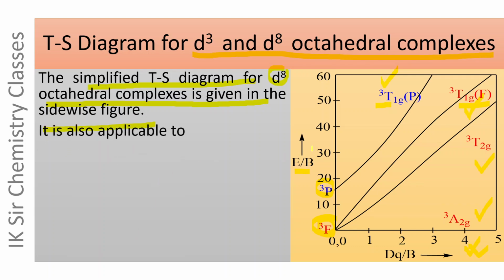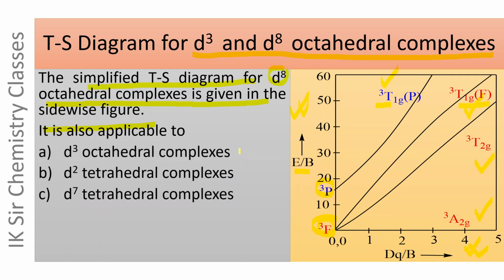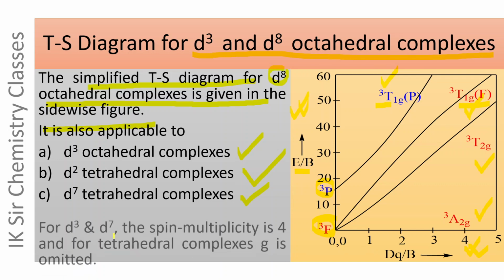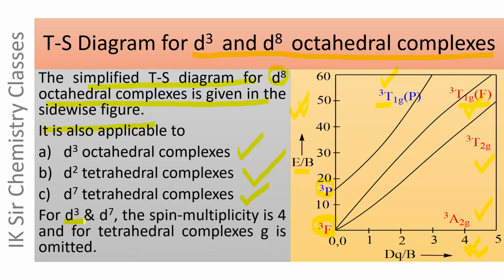This TS diagram has been plotted for d8 octahedral complexes, but it is also applicable to d3 octahedral complexes, d2 tetrahedral complexes, and d7 tetrahedral complexes. However, in the case of d3 and d7, the spin multiplicity is 4.